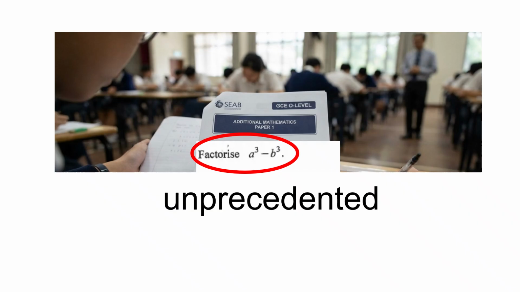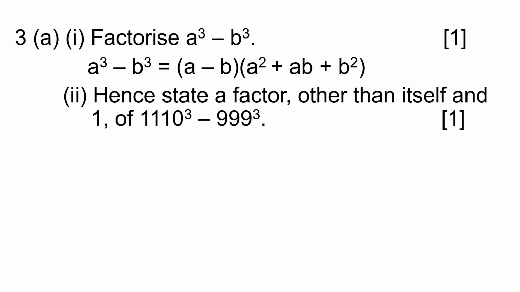The 10-year trend: from 2014 to 2024, cubic expressions were almost exclusively tested using standard long division or the remainder and factor theorem. Many schools taught this as a secondary 3 shortcut, but Cambridge had never tested it as a direct standalone recall question until now.